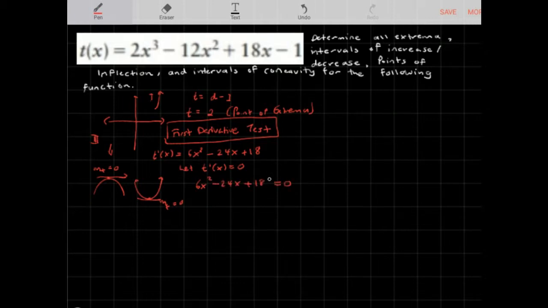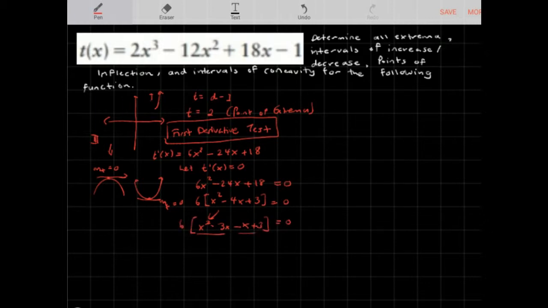What I'm going to do, to solve for this, is factor out a 6. So you get x squared minus 4x plus 3 is equal to 0. And if I factor this, you need 2 numbers that add up to negative 4 and multiply to positive 3. So x squared minus 3x minus x plus 3, times 6, is equal to 0.